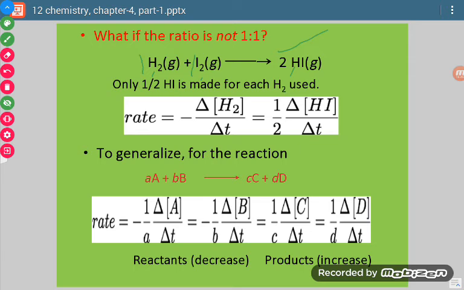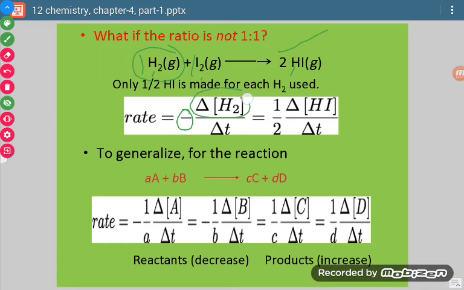In simple words, we have to remember that whatever the stoichiometric coefficient is, it should be written with delta t. Just like if in this case we want to write in terms of H2, then, since it is a reactant, a negative sign will be there.